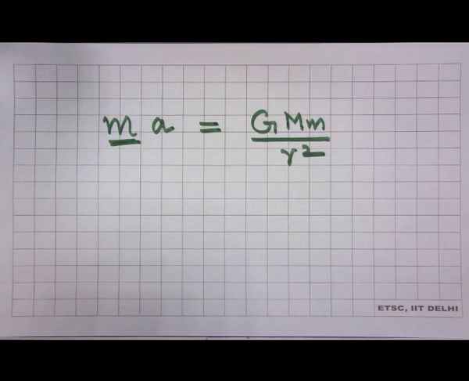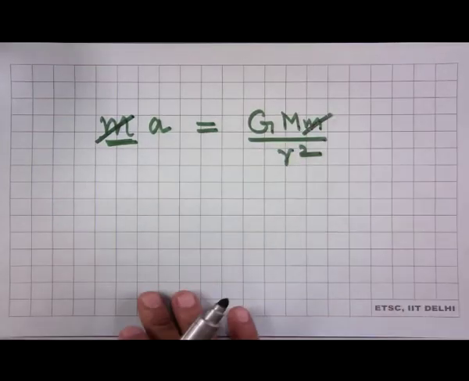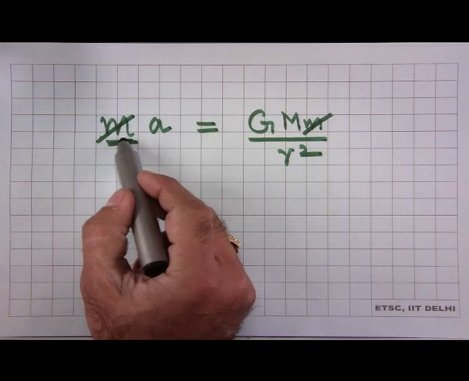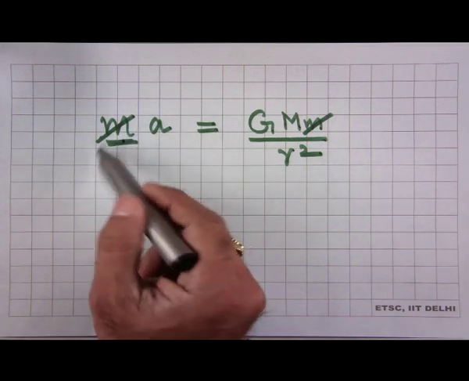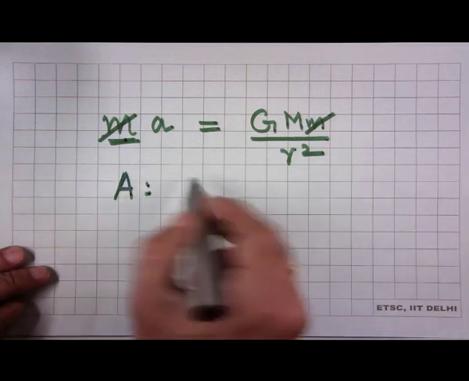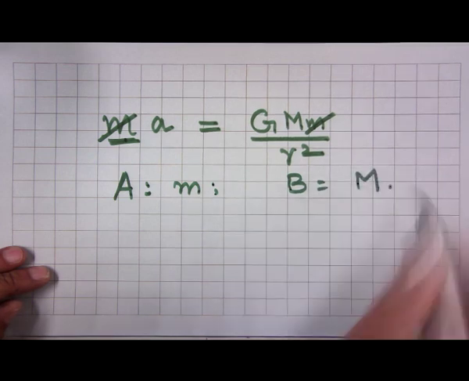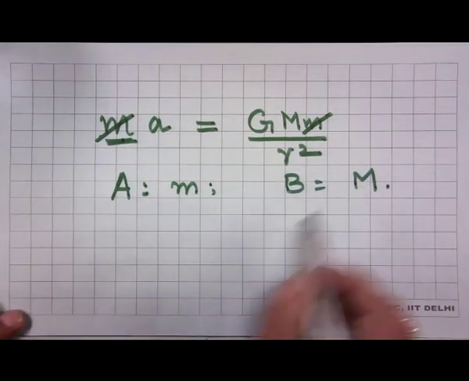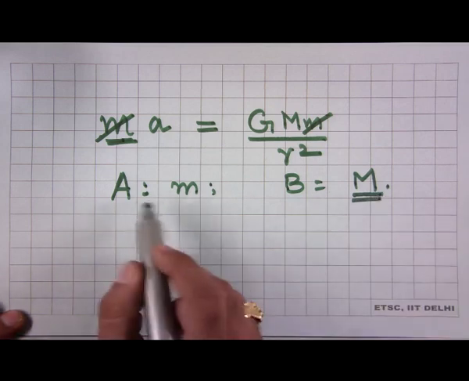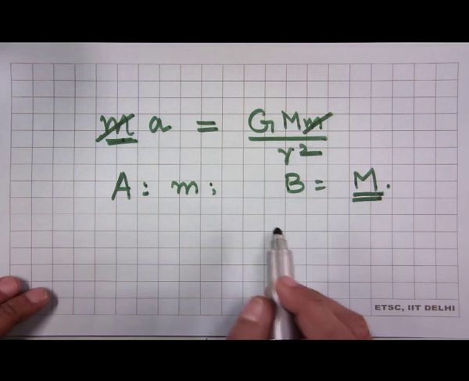Now, one of the curious things that you find, and that is something I am going to spend quite some time on at a later time, is that the acceleration of this test mass, because I am only worried about that, so let me write that A has a mass m, B has a mass capital M. I am going to assume that this capital M is much larger than this small m. So let us say very, very large.